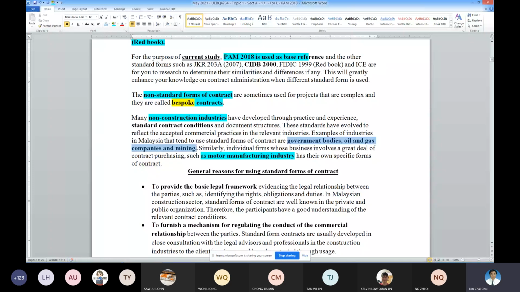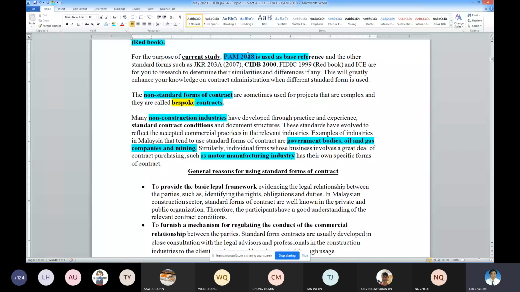Okay, so these are the basic introduction to the types of standard form available in the industry, construction and non-construction. So today onward, we are focusing on construction industry and make use of the PAM 2018 as the base reference.